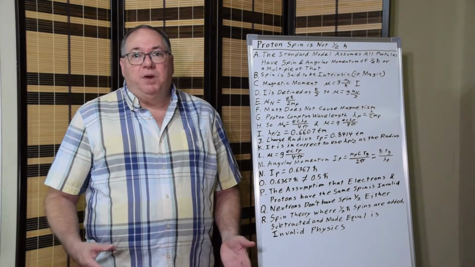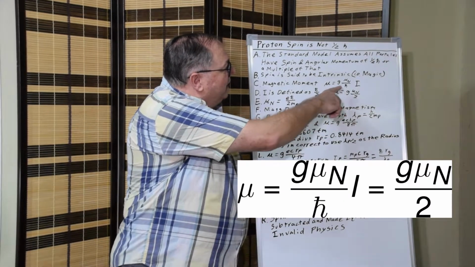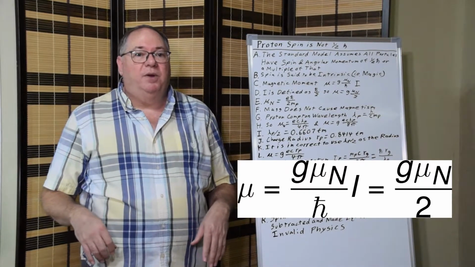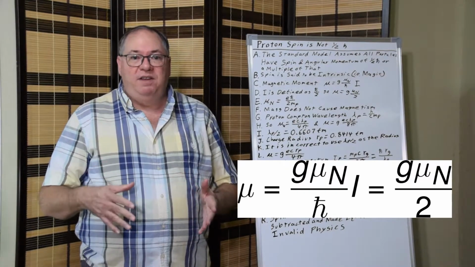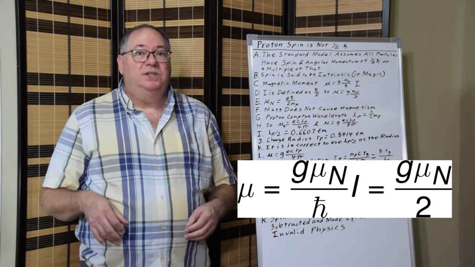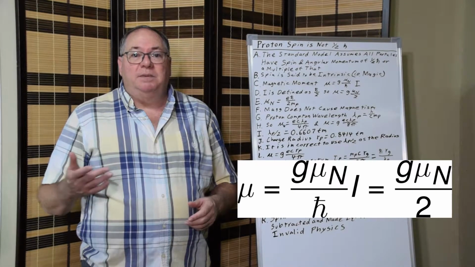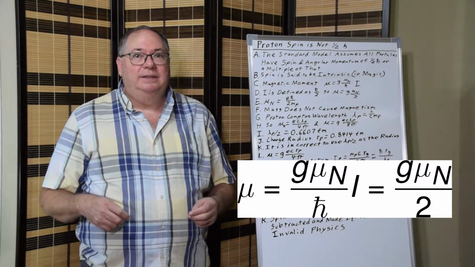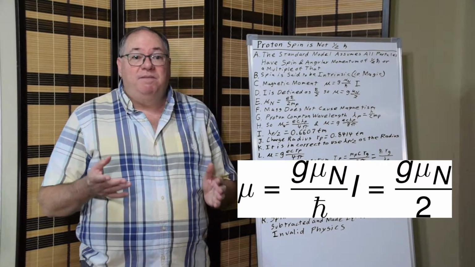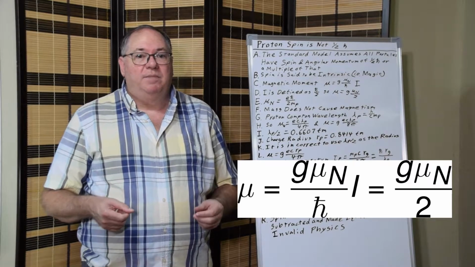So the magnetic moment generally follows the equation here that mu, which is a symbol for magnetic moment, is equal to G, the G factor, times mu sub n, which is the nuclear magneton, divided by h bar times I. And then, in order to keep up with this convoluted scheme, they define I to equal 1/2 h bar.